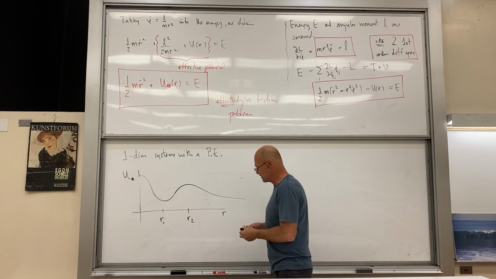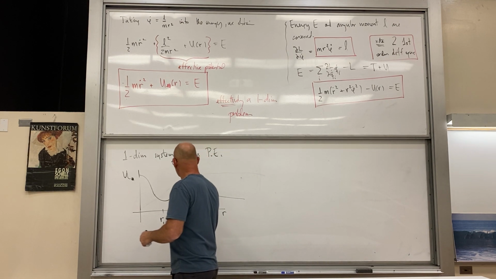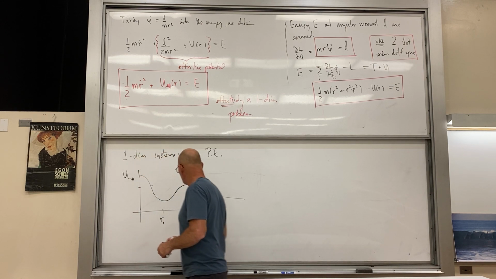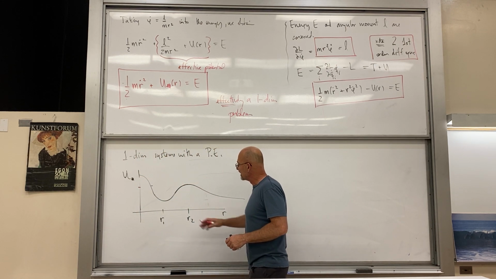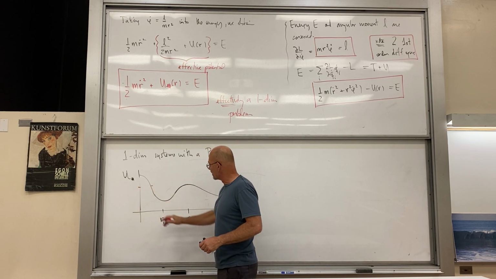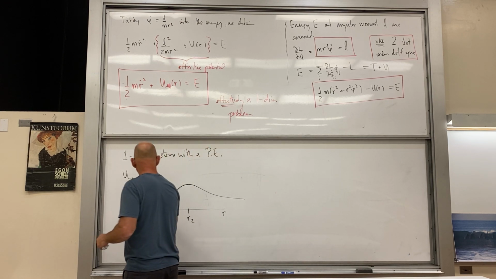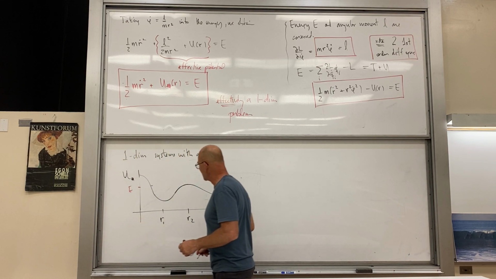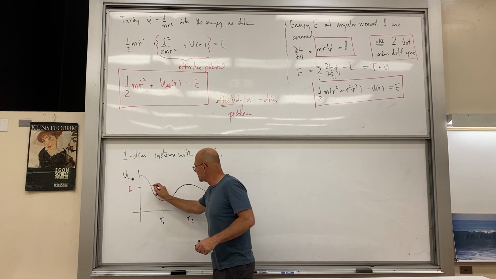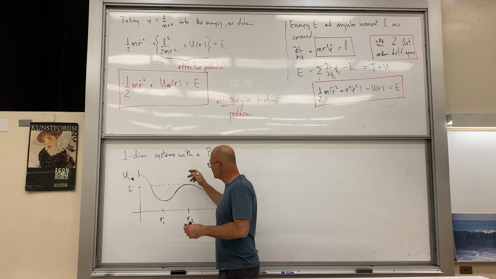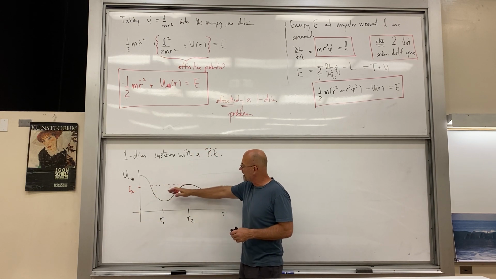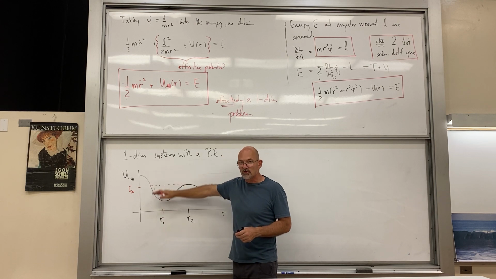And this equilibrium would hold for energies less than this one I'm marking off right here. I'll call it E0. As long as you have the energy less than that, you'd say you have bounded motion.